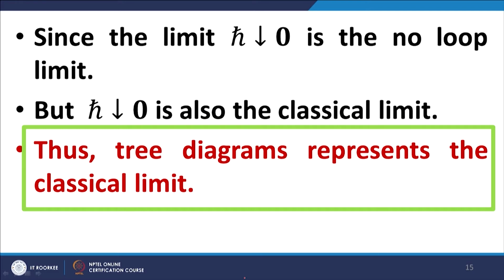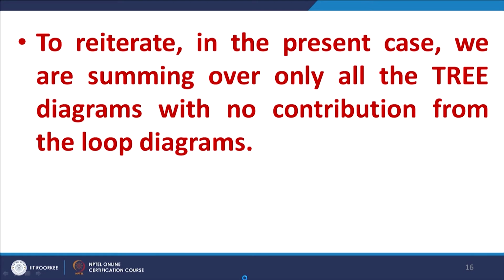When we take the limit h bar tending to 0, on the one hand it corresponds to the no loop expansion, and on the other hand it reproduces the classical limit. Therefore, we can also infer that the tree diagrams represent the classical limit of the Schwinger-Dyson equation, or the tree portion of the Schwinger-Dyson equation represents the classical limit of the complete Schwinger-Dyson equation.